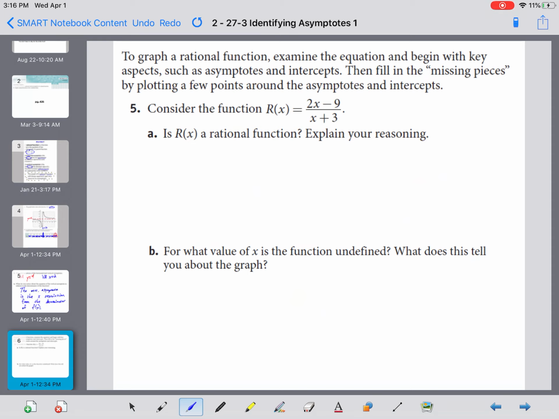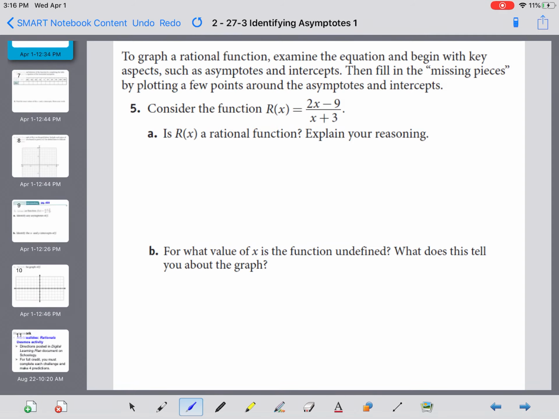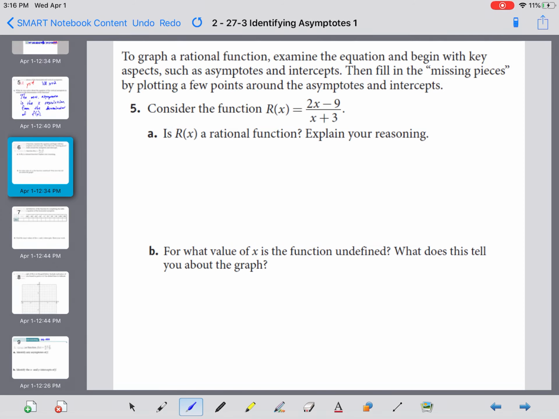Okay, let's try this one. This is very similar. We'll go through this step by step just so you can see the process here, and then we'll try one on our own. So, first question, is this a rational? Is this function r of x a rational function?